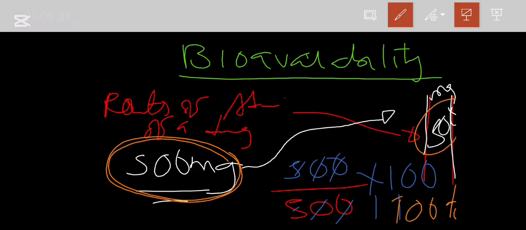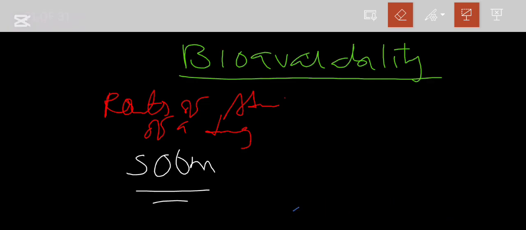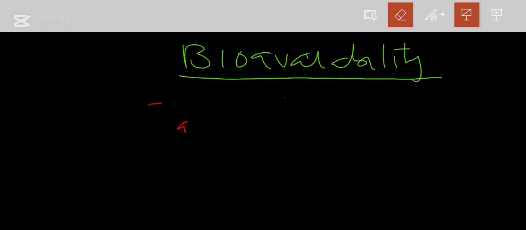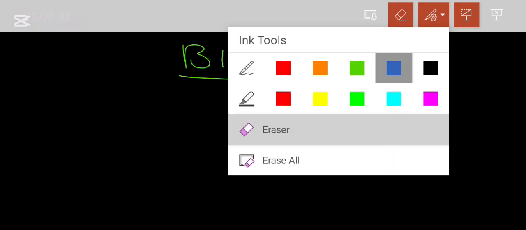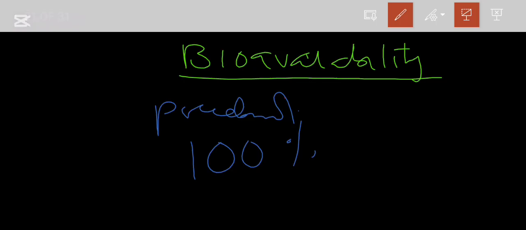So here now I need to bring it to your attention. Most drugs that are given via oral routes, for example paracetamol, cannot have 100% bioavailability. Why? Because they are exposed to gastric acid, and they are exposed to first pass metabolism, like metabolism by the liver.